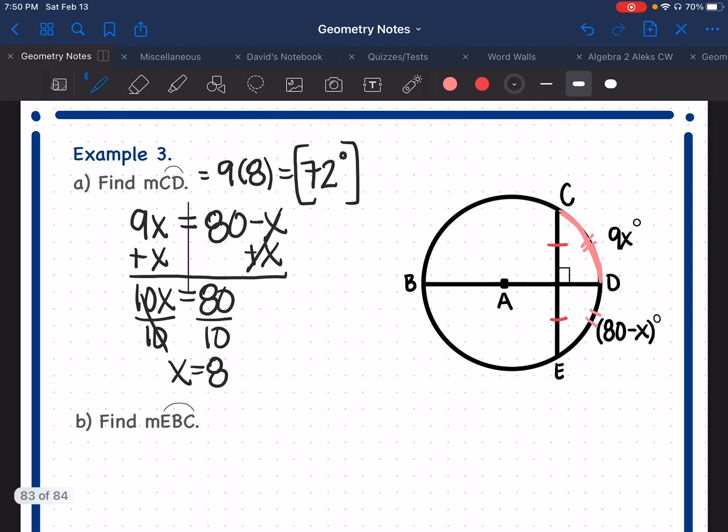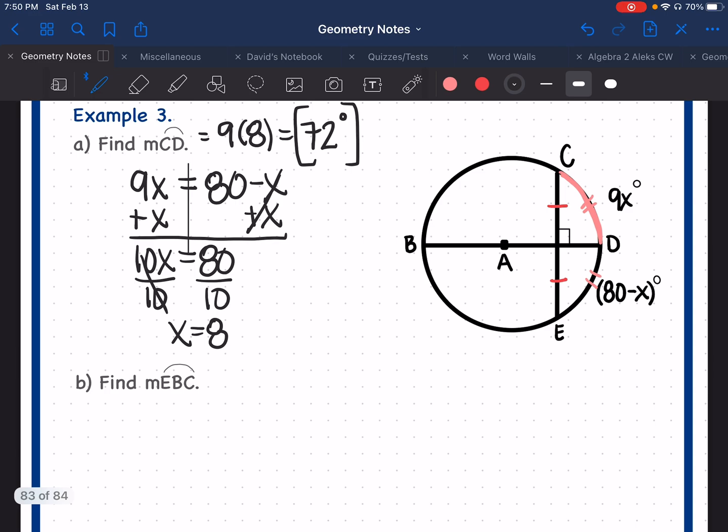Now part B is asking me to find arc EBC. Remember, when you have 3 letters to name your arc, you just follow them in order. So from E to B to C. So this is 72.